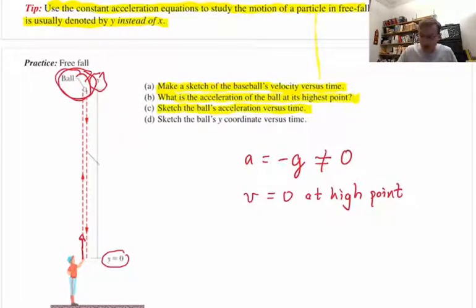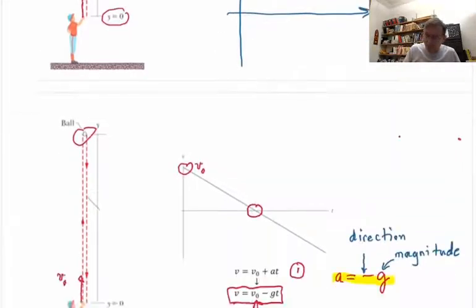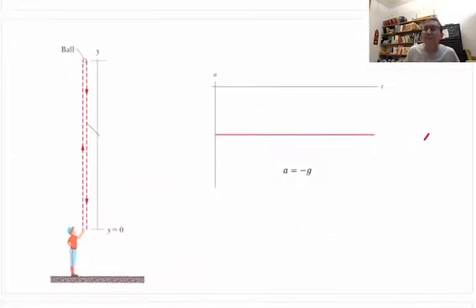Okay, welcome back. Let's show our own sketch of the ball's acceleration versus time. So now what we're talking about is a graph where the acceleration is the vertical axis and time is the horizontal. What does that look like for the baseball? Did you draw that?